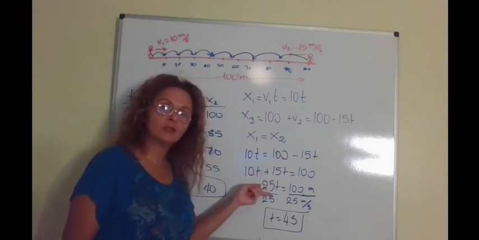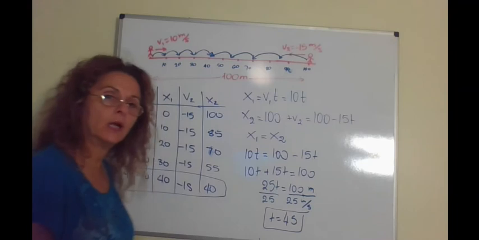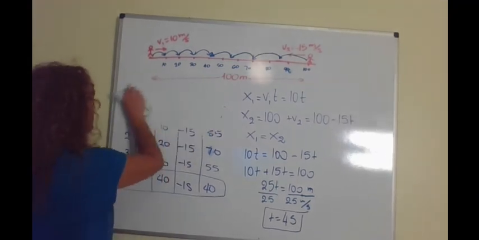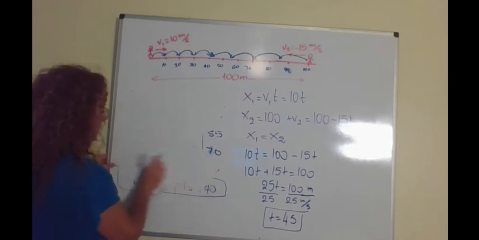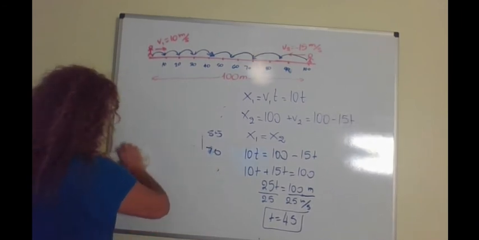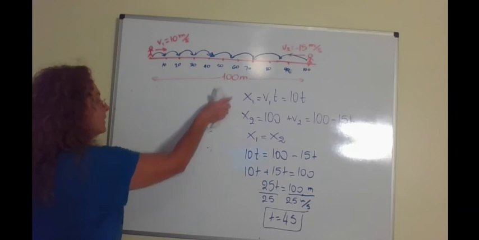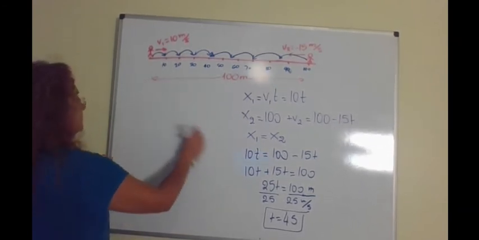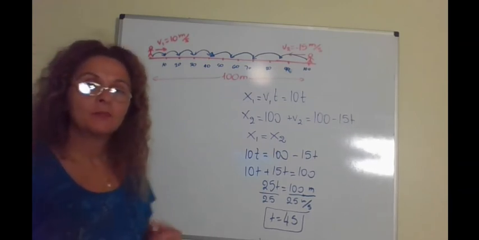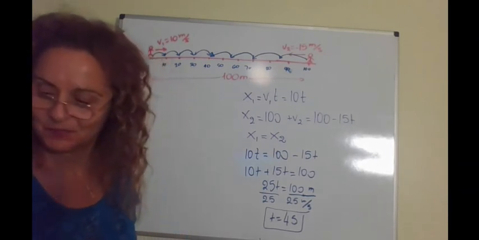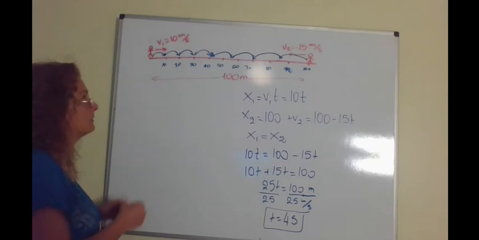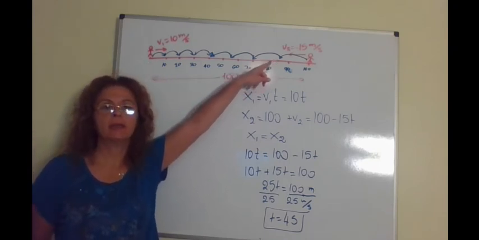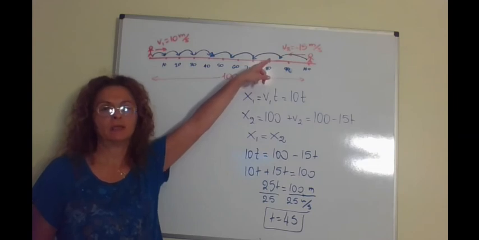Is that a coincidence? No. So what actually happens? If we consider the one as not moving, because he looks at the whole situation from his point of reference, he sees himself as not moving and sees this as moving with negative 25, right?